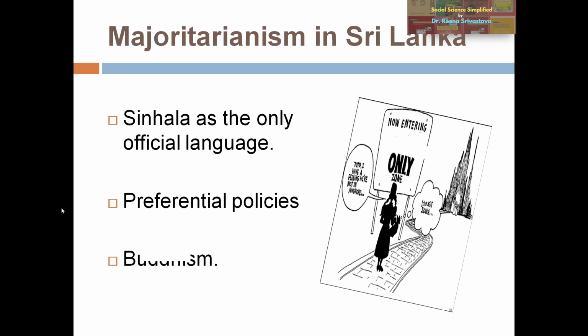And last but not the least, it was decided that the state will foster Buddhism, disregarding Hinduism. And Hinduism was followed by the Tamils. So this led to frustration among the Tamils. They started revolting. They started raising their demands.